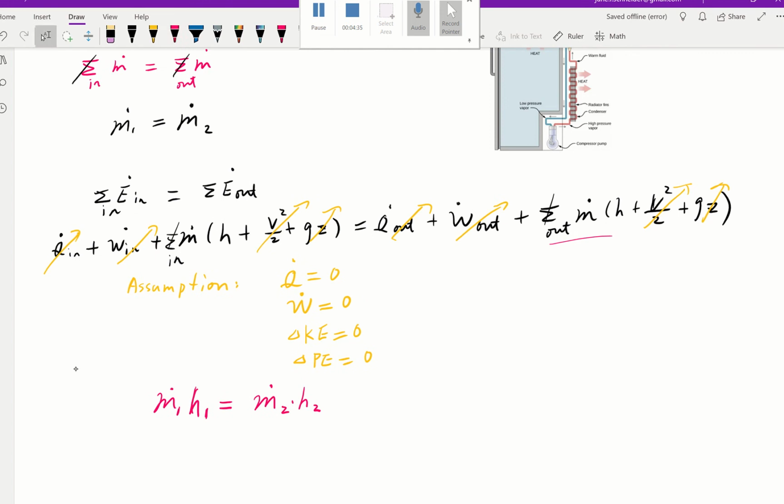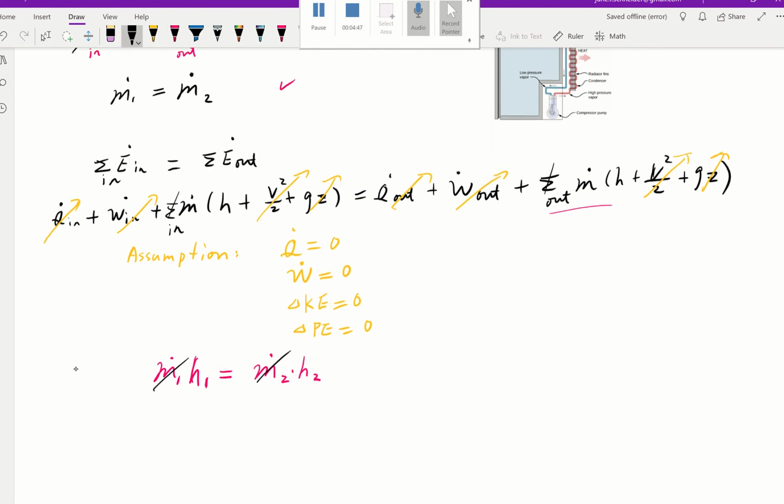From the mass conservation equation, we know m1 dot is equal to m2 dot, so we can cancel that out as well. Then the equation we get is h1 equals h2. That is the energy conservation equation for a throttling device.